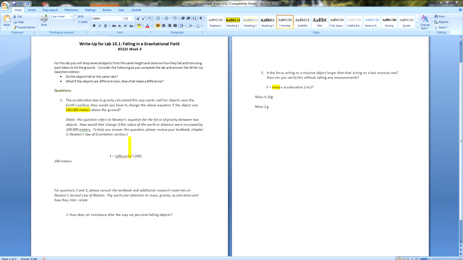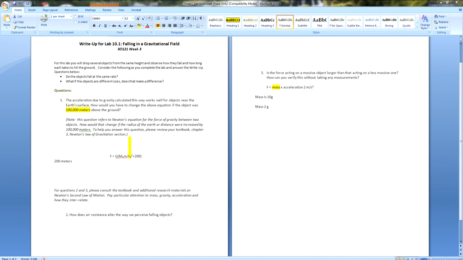It might seem there's something going on when objects are falling because of air resistance, but if you read your book very well, you will know that acceleration due to gravity is constant. 9.8 meters per second squared is constant anywhere in the world. So read the book and you should be able to answer these questions simply.